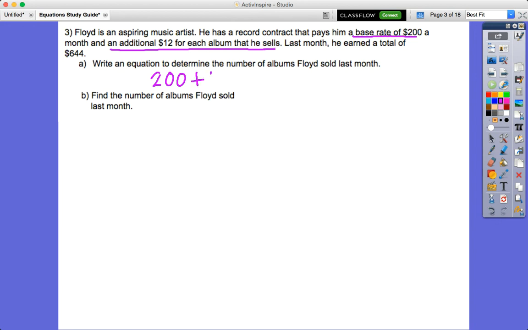So we're going to add 12x to that because we're adding $12 for each album that he sells. He earned a total, and "total" is a keyword for putting an equal sign, $644. All you have to do in part A is write that equation.